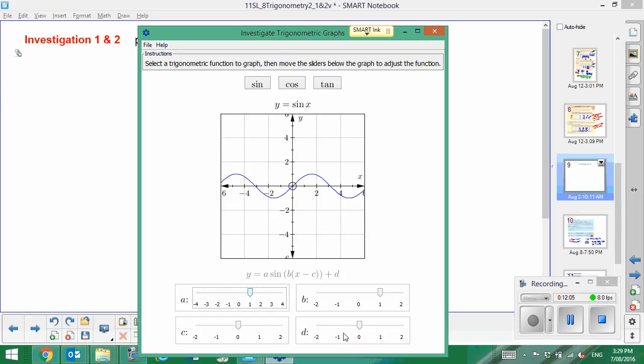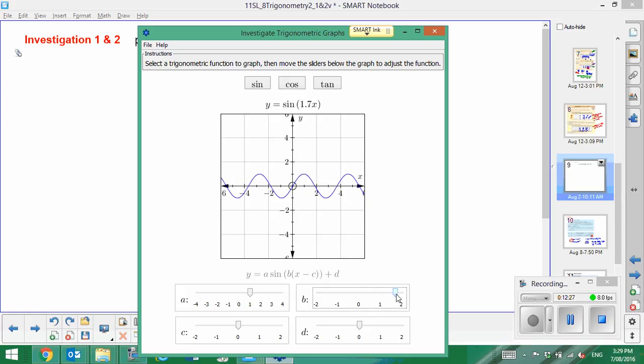All right, let's do the B value. So that's the horizontal stretch. Now let's see, as we make our number bigger, remember your scale factor for B is 1 over B. So our period here was 2 pi for one cycle.